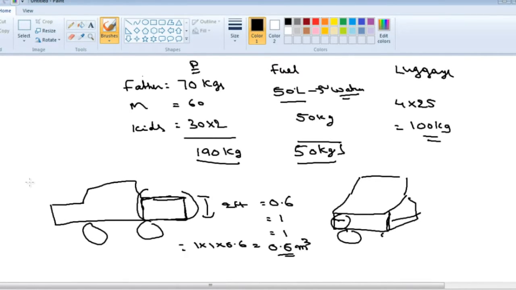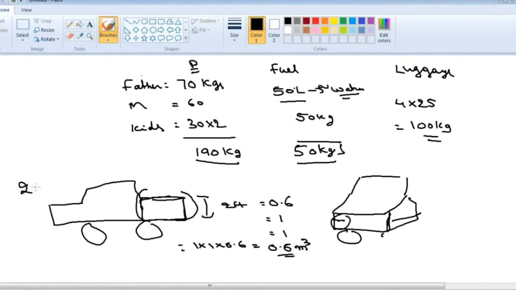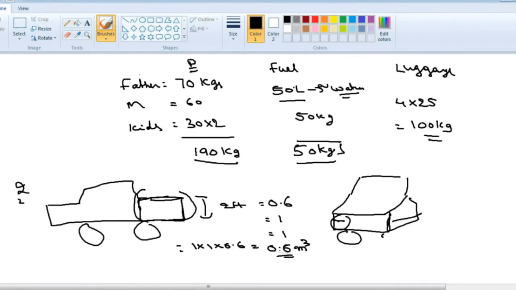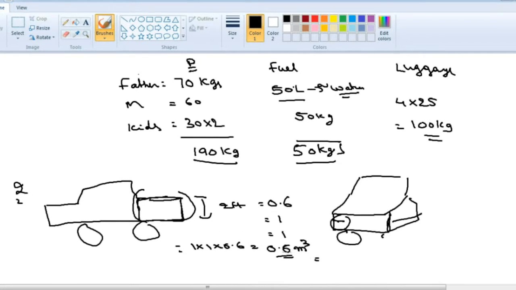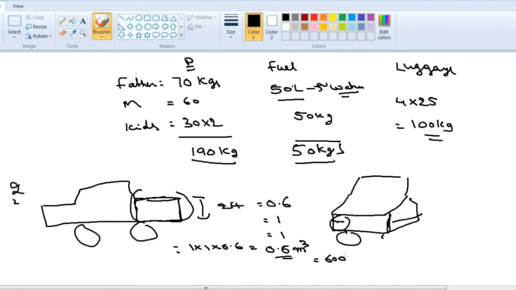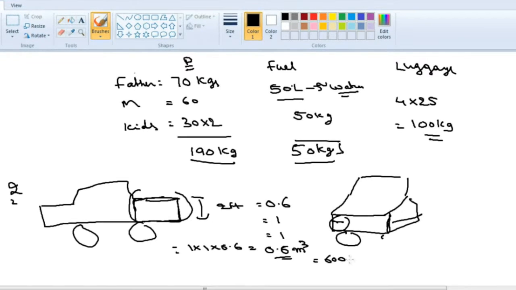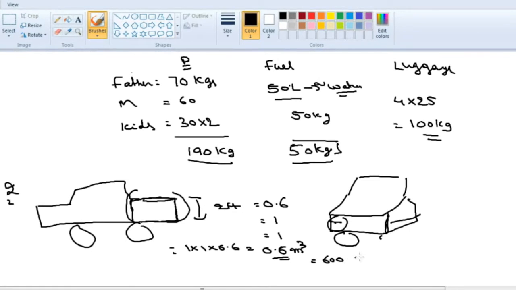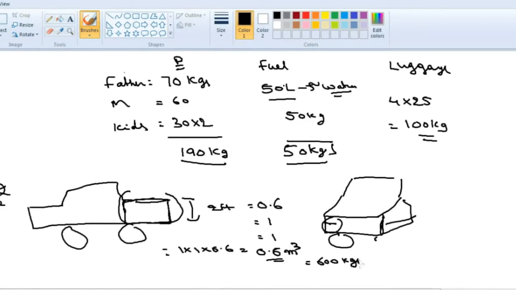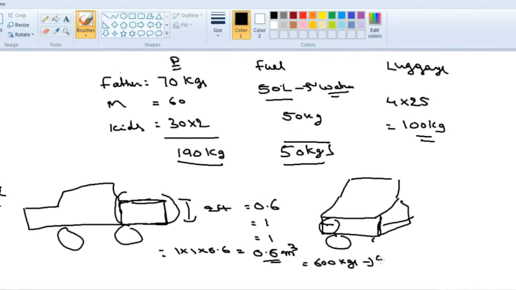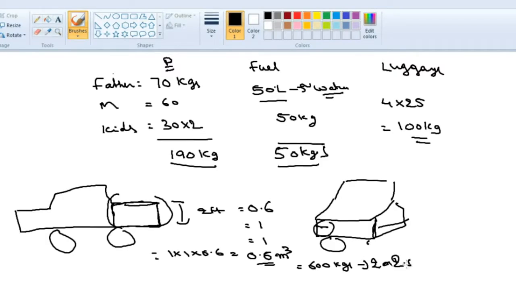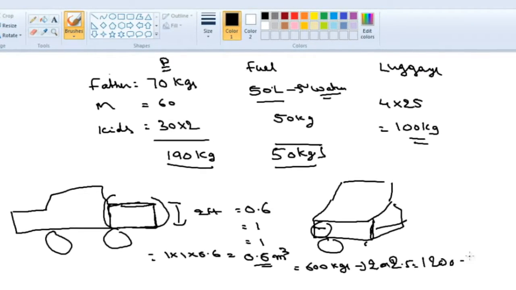It sinks in water, so I estimate it to be twice as heavy as water, which is not too bad an assumption. 1 meter cube is around 1000 kgs. 0.6 meter cube is 600 kgs if it was water, and I would expect this to be 2 or 2.5 times heavier than that, which boils down to around 1200 to 1500 kgs.